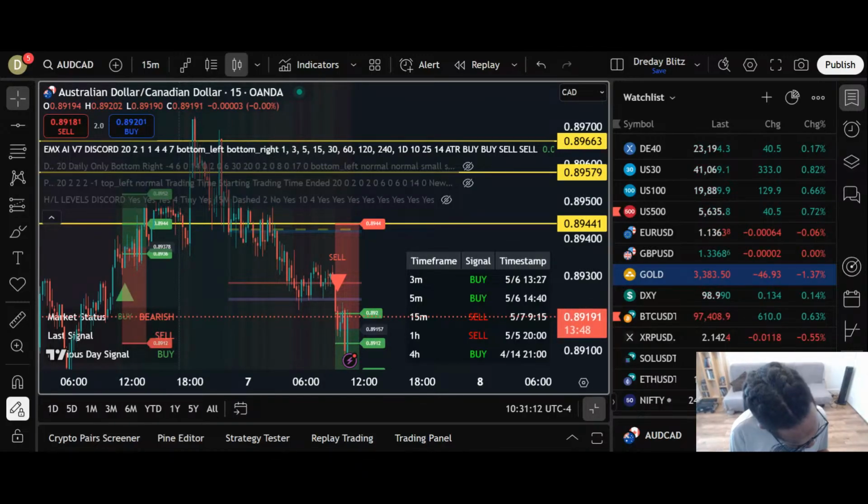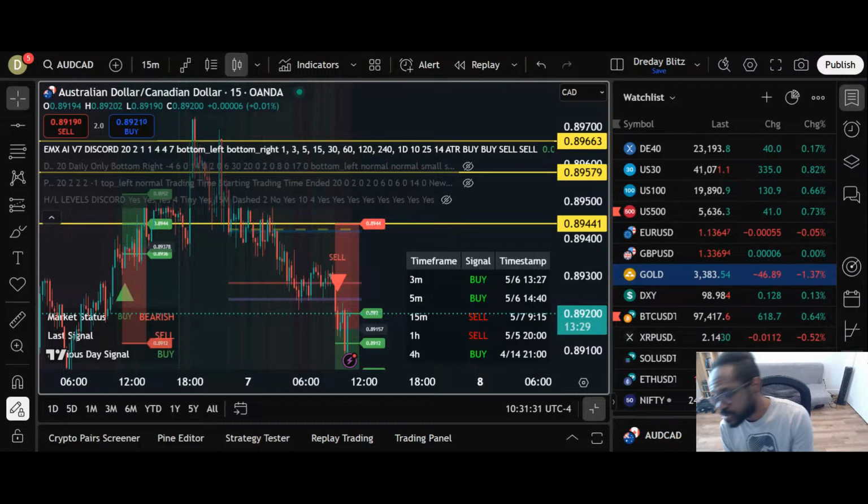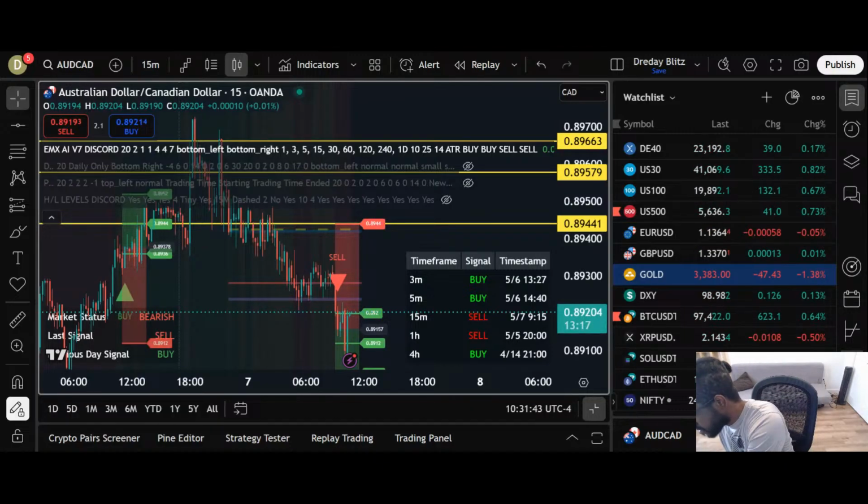Perfect. So let's see, 31, nothing here. So we still have the last candle here that will be printed out in less than 15 minutes. So we're gonna wait it out to see exactly if we have any signals. If not, we'll be done for the session, and we're gonna be reconvening tomorrow at New York again.